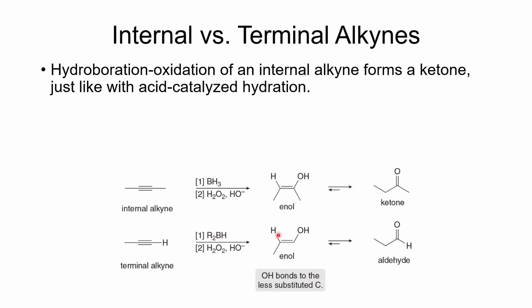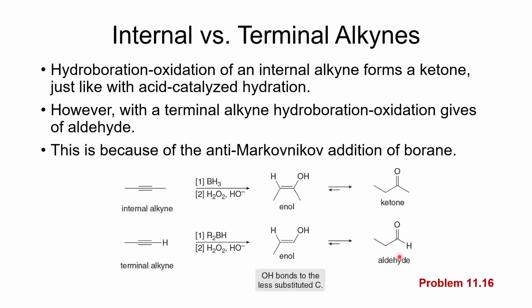And then when we oxidize with the hydroperoxide and hydroxide, we will get the enol, but because that particular reaction does anti-Markovnikov addition, the OH ends up on the terminal carbon, and when it tautomerizes, we end up getting an aldehyde. So again, same anti-Markovnikov addition that we saw with alkenes, but this ends up giving us an aldehyde versus a ketone, and that is kind of a cool difference.